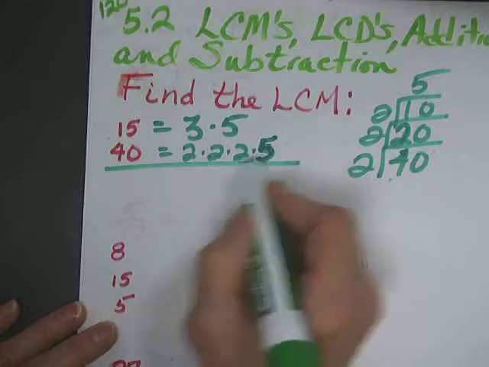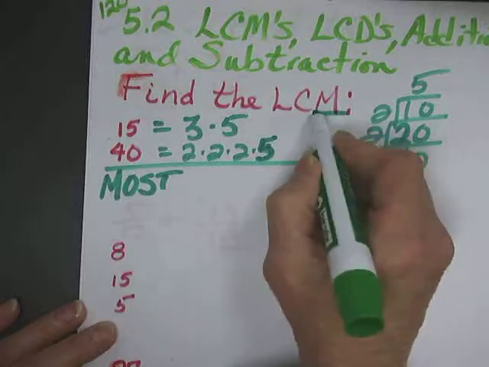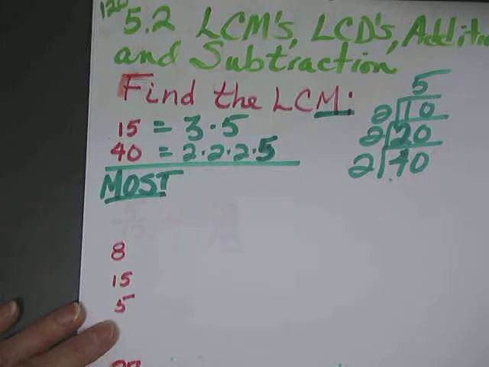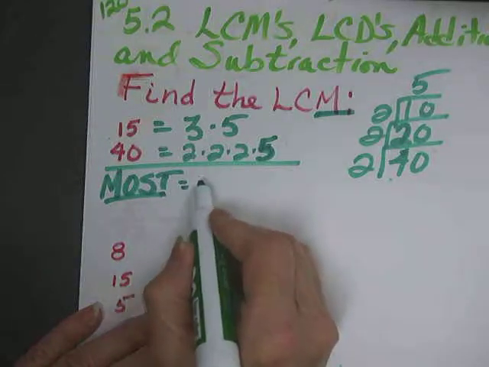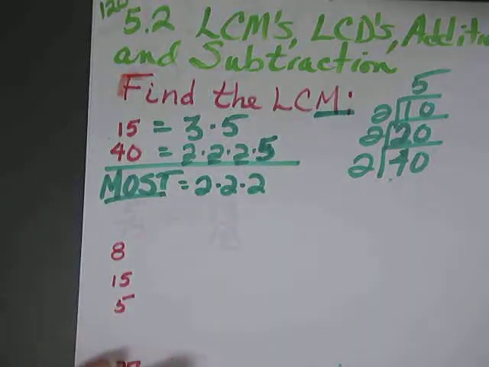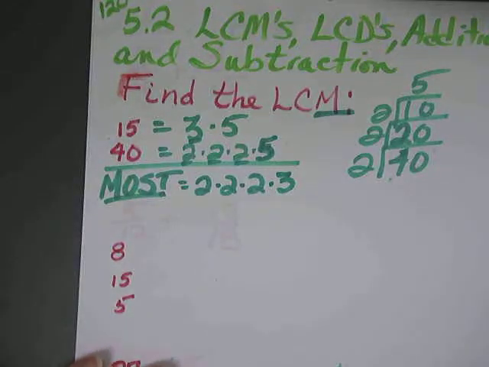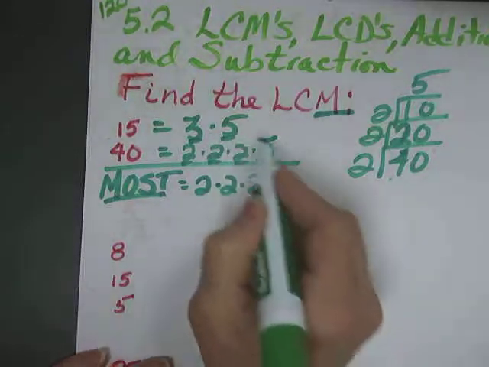And then to do an LCM, we take the most of each. Remember, they will both go into the LCM, not that it will go into them. So the most 2's is 3. The most 3's: we have 1 and none, so 1 is bigger than none.